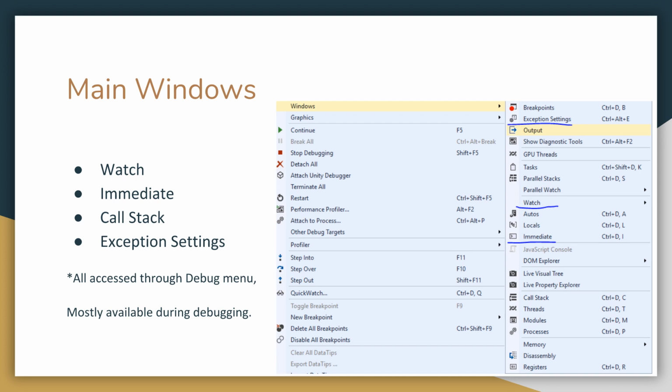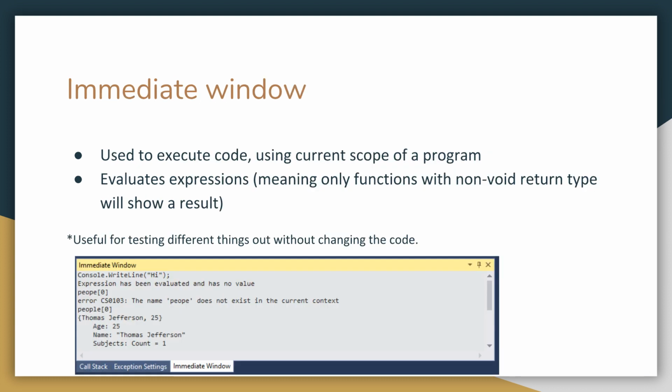It's the watch window, immediate window, call stack, and exception settings. Immediate window is very much like the interactive C# window, except that it picks up the current state of your code, of your objects.